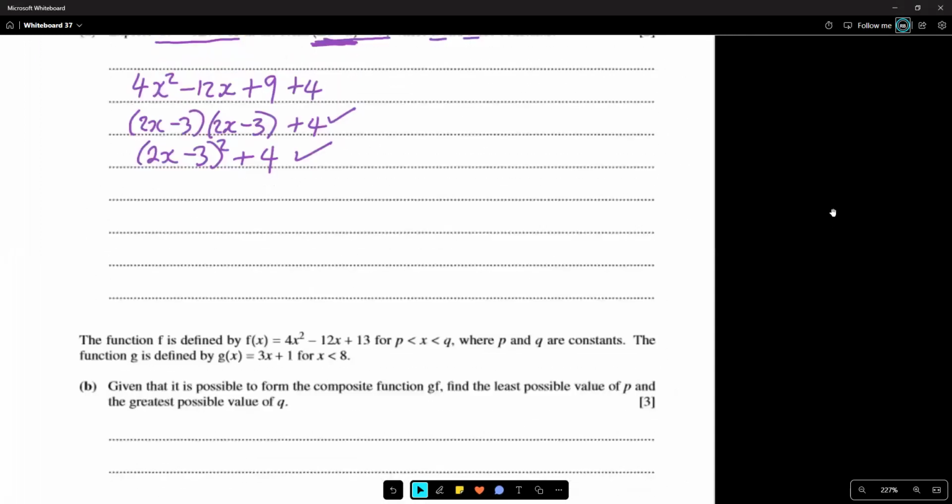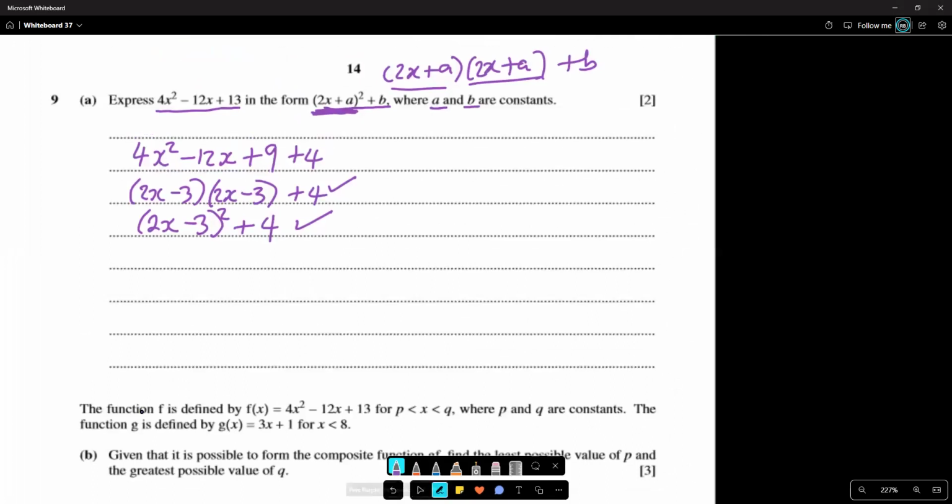So if you check, they say the function f is defined by this. So f is basically also this, right? From there. Remember, this guy is exactly the same as that guy. So we're going to say 2x minus 3 squared plus 4. So there.